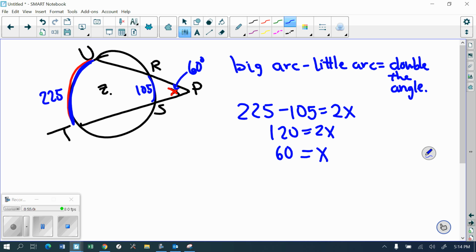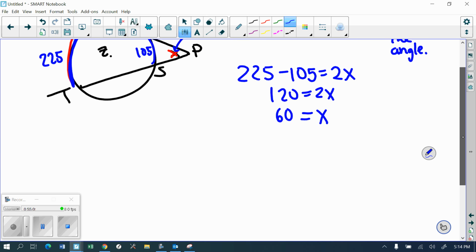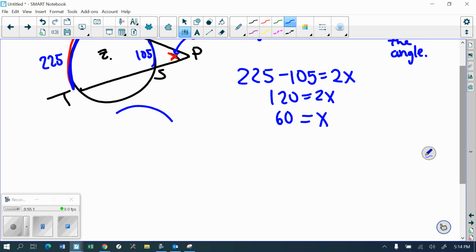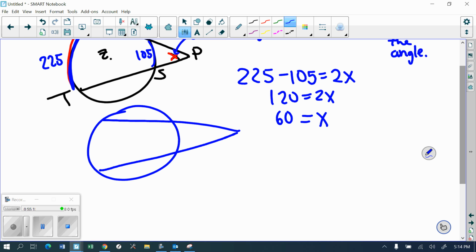Now, they could give us the angle measure and one of the arcs, and you have to find the other one. Say they tell me this is 40 degrees, we don't know what that one is, and they tell me this one is 200 degrees. Well, it's the same formula. Big arc minus little arc equals double the angle.